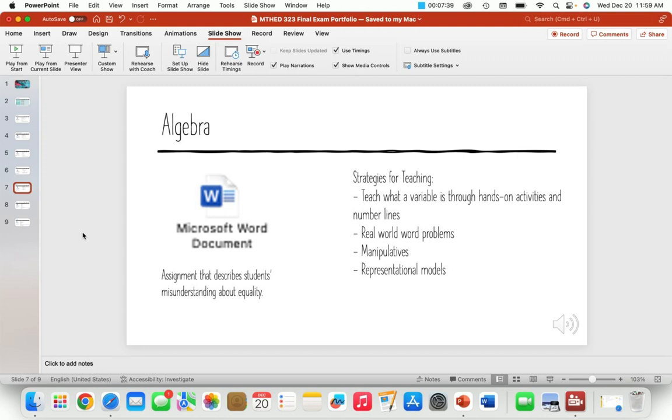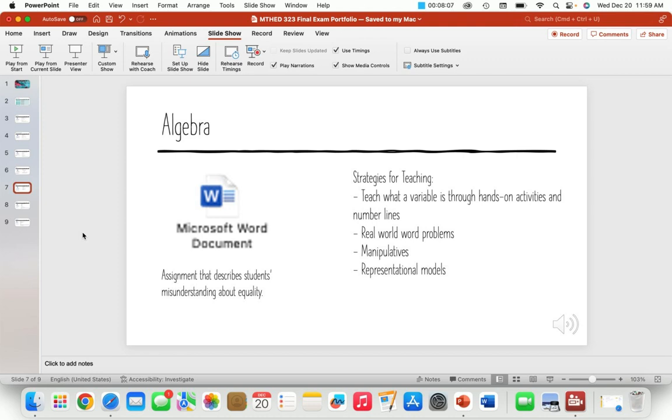Students can relate this to the money situation, as they already have some understanding of money, but they're realizing that we don't know what Bob has, and we are trying to find that out, and that's that variable component. And then using manipulatives and representational models, students can use algebra tiles to build that connection even further.